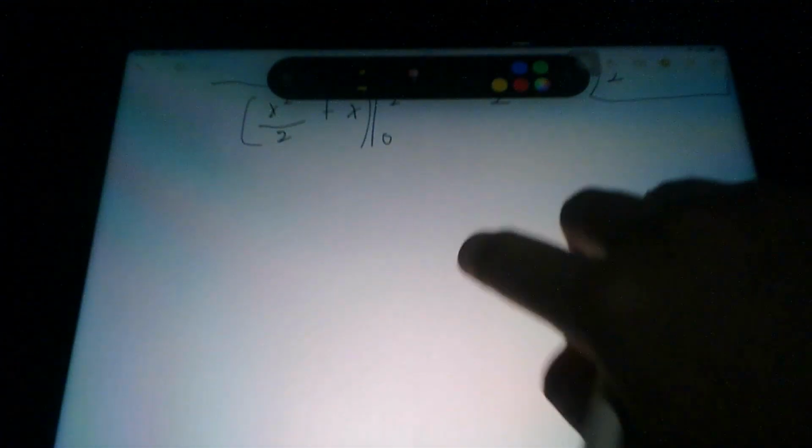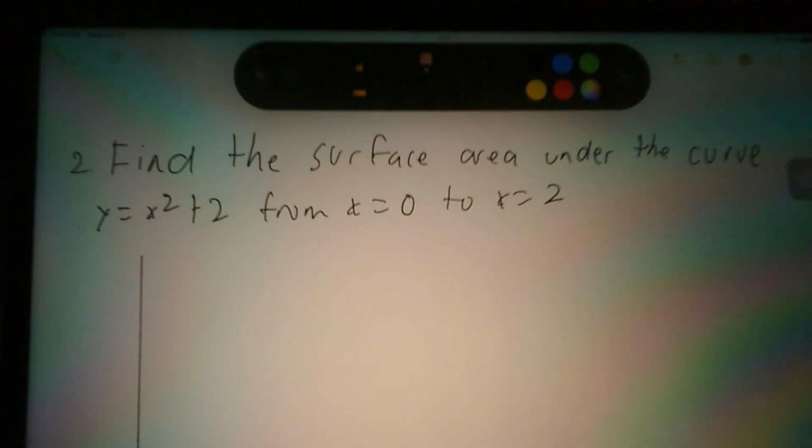Let's move on to our last example, number 2, under Centroids. Find the surface area under the curve y equals x squared plus 2 from x equals 0 to x equals 2.